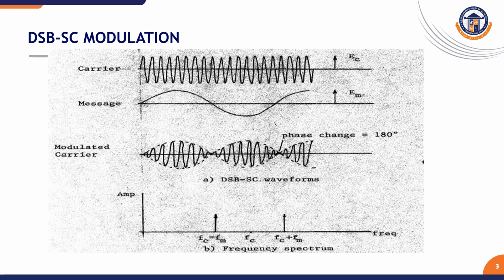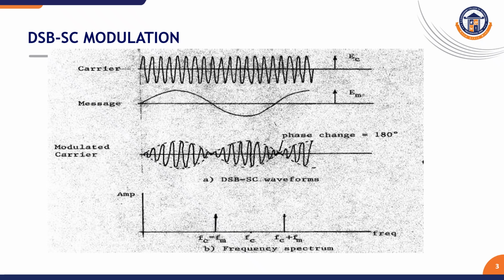Depending on the modulation index, we have under modulation, critical modulation, and over modulation. If the modulation index M is less than 1, it is under modulation; equal to 1, critical modulation; M equal to 0, there is no modulation; and M greater than 1, over modulation.